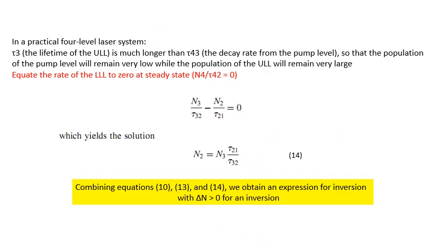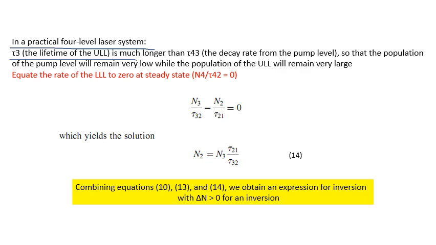And what it's saying here, in a practical 4-level laser system, tau 3, the lifetime of ULL, is much longer than tau 4 and 3, from pump to ULL. Okay, so the decay time, the lifetime of the ULL, is much longer.